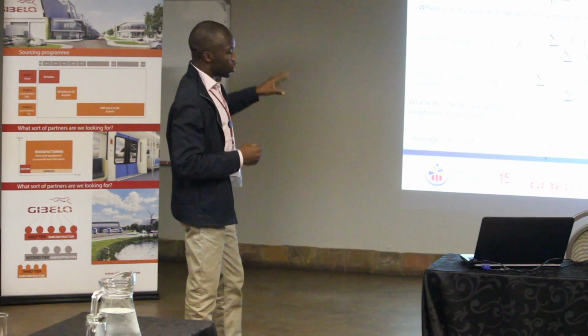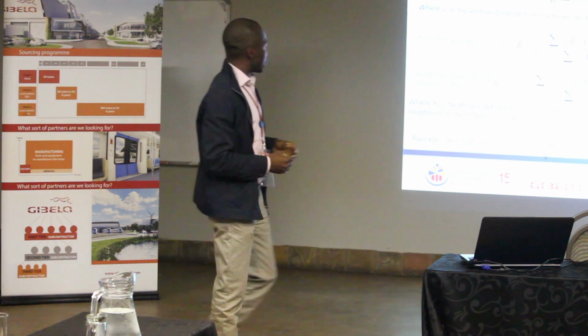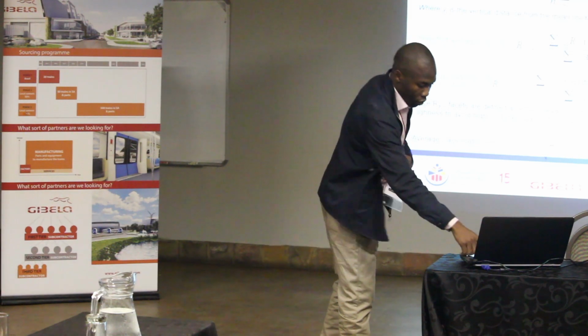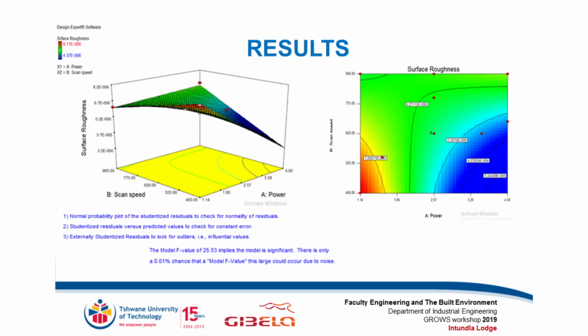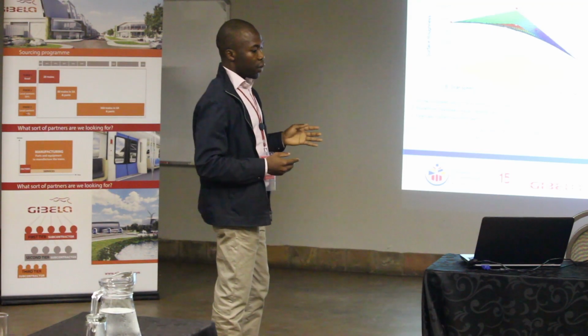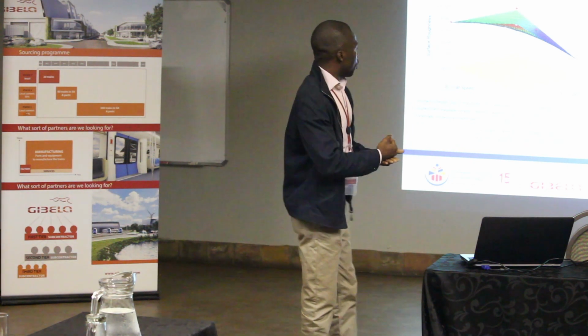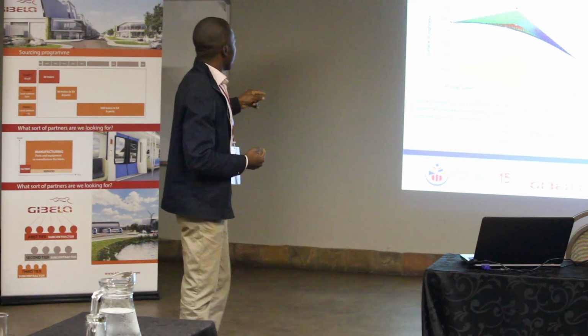This mathematical model was used to predict the quality of what you can get from the production. I don't want to use that to take our time. This is just a depiction of the results gotten. There are a lot of results in the actual sense, but this is just a depiction from the results obtained when we compare what was manufactured with what was optimized.